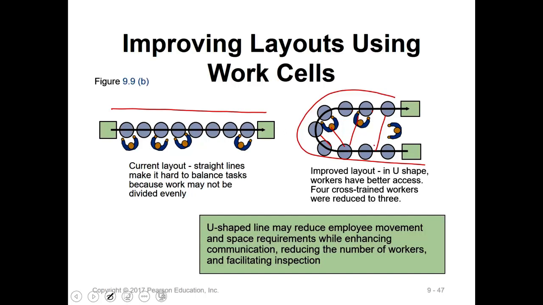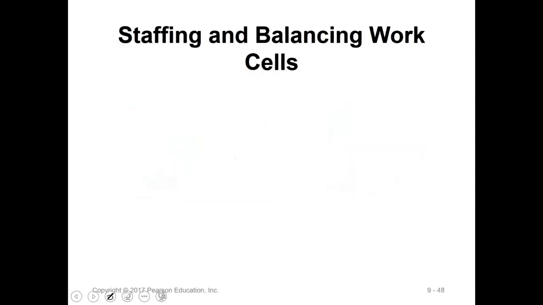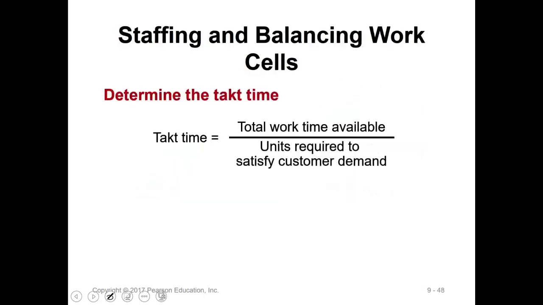Originally they had 4 laborers, now reduced to 3. Because of the small travel distance, they can walk from station to station very easily, and they are trained to have multiple skills to do more work. This reduces idle time. I mean, people, you don't want them to be idle, and machines, you don't want them to be idle either.